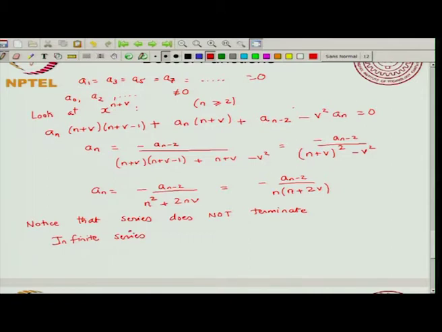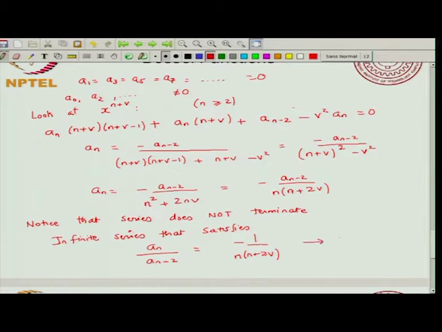However, you have one property: if you take the ratio a_n divided by a_{n-2}, it is equal to minus 1 over n(n plus 2v).